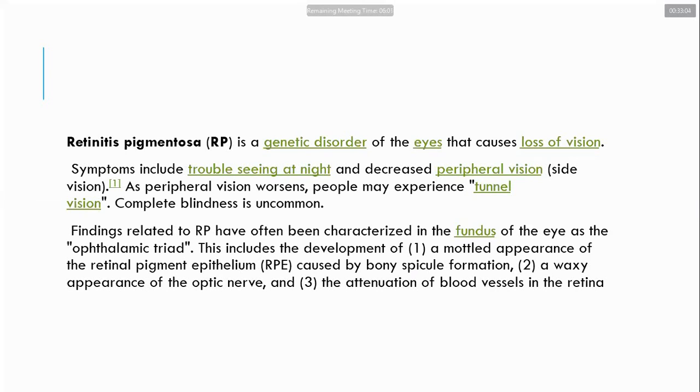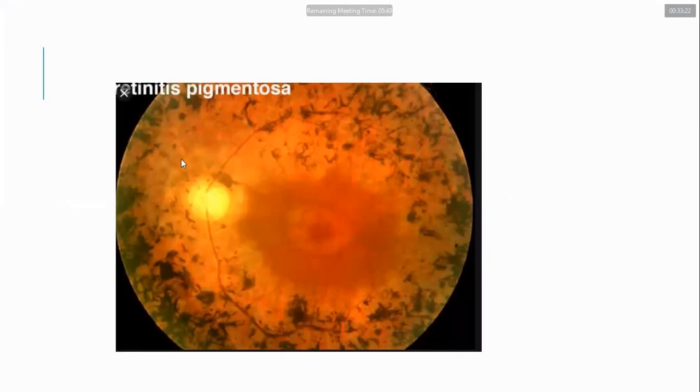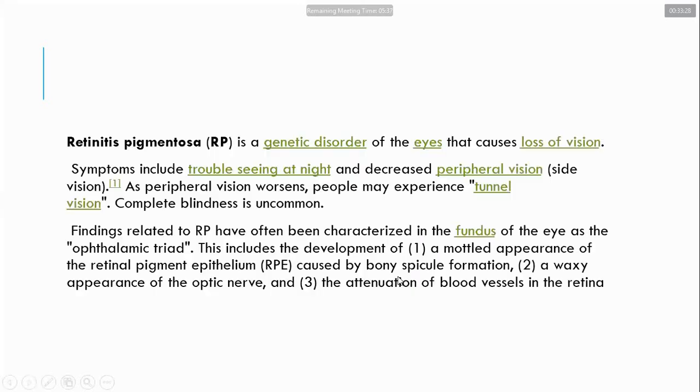Then the waxy colored appearance of the optic nerve head, that is the optic disc, a waxy yellow optic disc, and the attenuation of the blood vessels. You will see the attenuated, very thin blood vessels over here, a pale waxy disc, and the bony spicules.